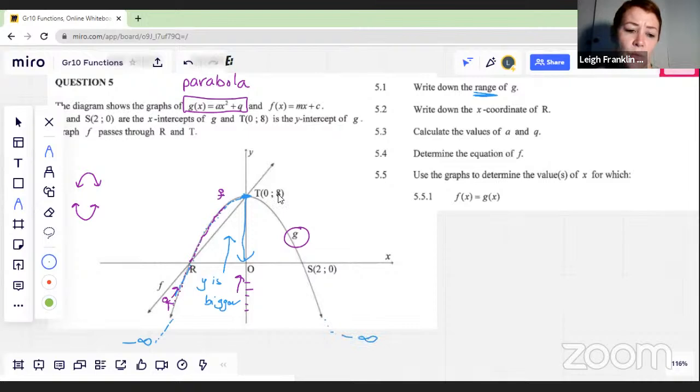And the y numbers, the outputs, keep getting bigger and bigger until they get to 8. They can't get any bigger than that, and then they start getting smaller again. So hopefully, if you were answering this question, you said that the range would have been y is smaller than or equal to 8. I'm hoping everybody would have done that by now.